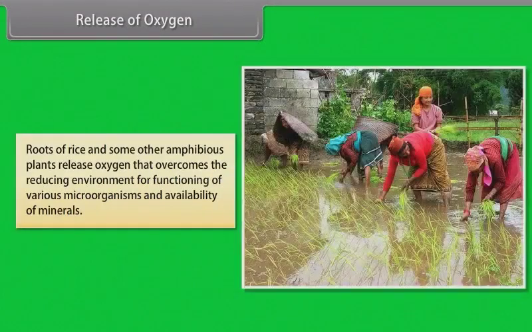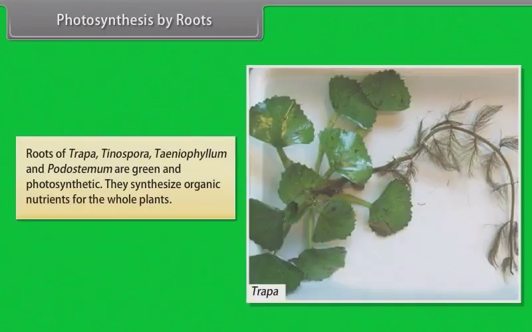Release of oxygen. Roots of rice and some other amphibious plants release oxygen that overcomes the reducing environment for functioning of various microorganisms and availability of minerals. Photosynthesis by roots. Roots of Trapa, Tinospora, Taeniophyllum, and Podostemum are green and photosynthetic.